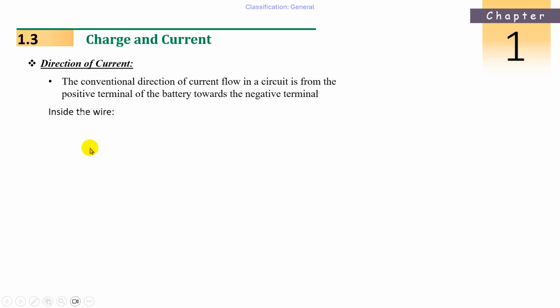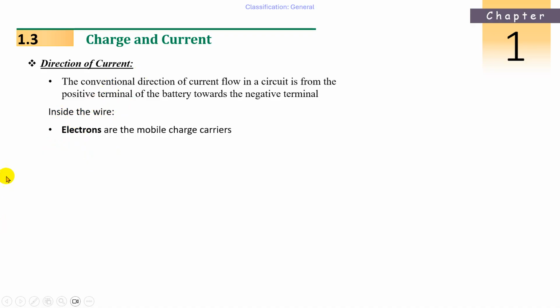Now we'll see here. You may get confused, but don't worry. What is happening inside the wire, and what is happening outside the wire? Inside the wire, electrons are the mobile charge carriers. The electrons carry the charge. How much charge does one electron carry? As I told you, one electron carries a charge of 1.6 times 10 to the power minus 19 coulombs.